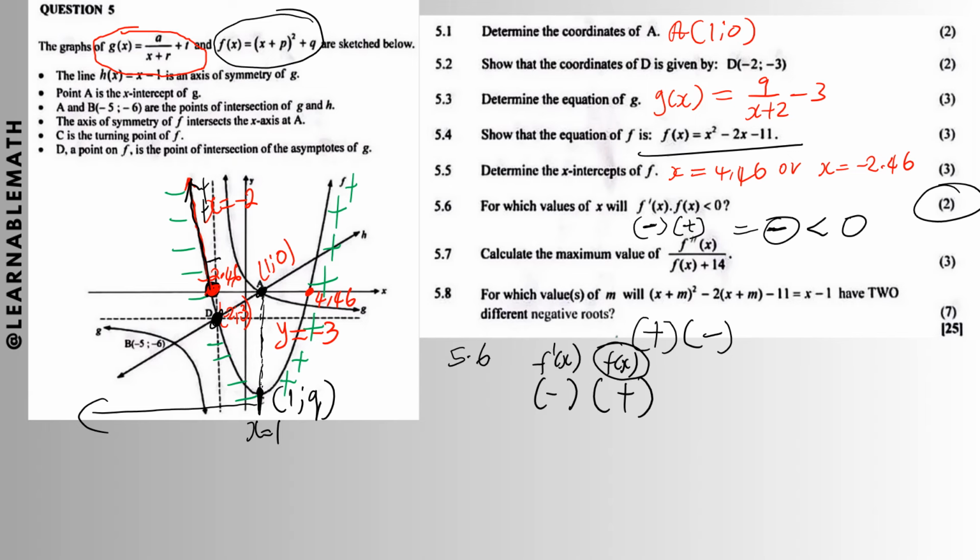It's when x is less than minus 2.46, because from that point going to the left, you find the derivative is negative, and the graph is actually above 0 there. That is, it's positive when x is less than minus 2.46.